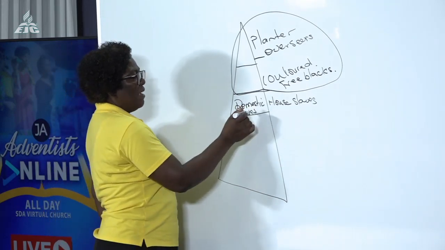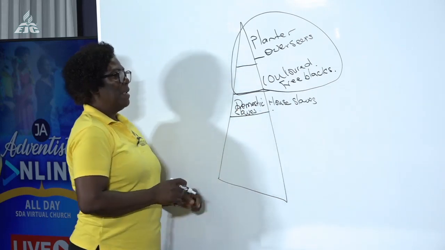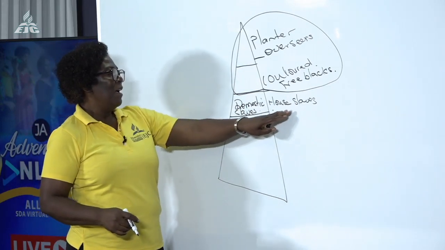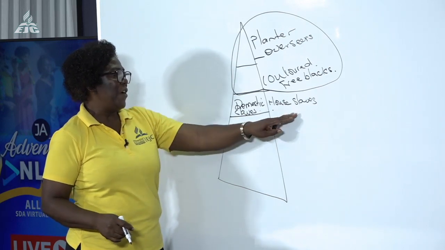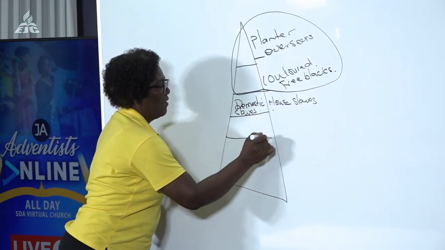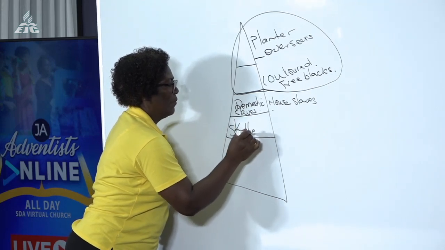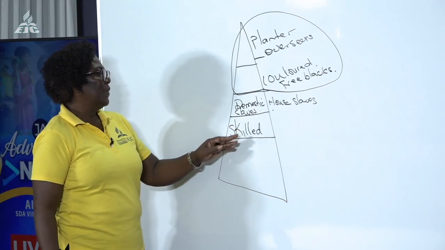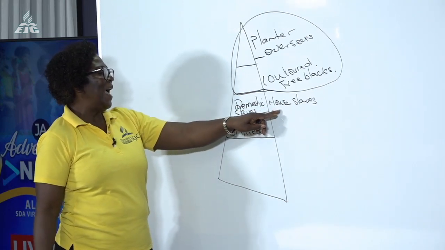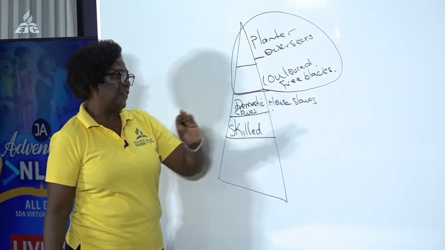And these domestic slaves would often see themselves higher than the skilled slave. Reason, because they were always in touch with the planters.